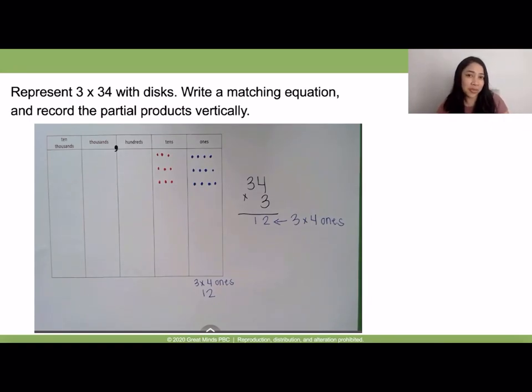What is the value of the tens? 3 times 3 tens equals 9 tens. Let's now record the value of the tens.